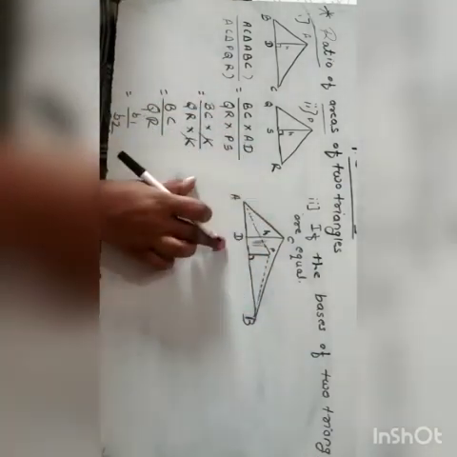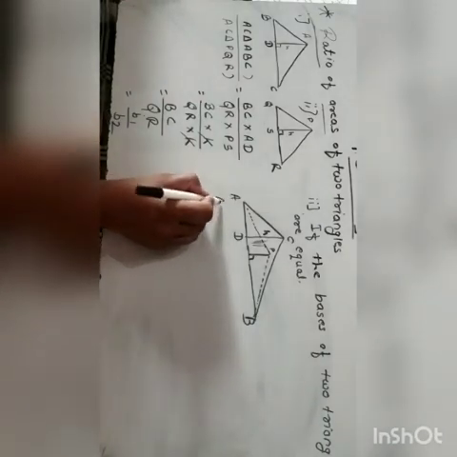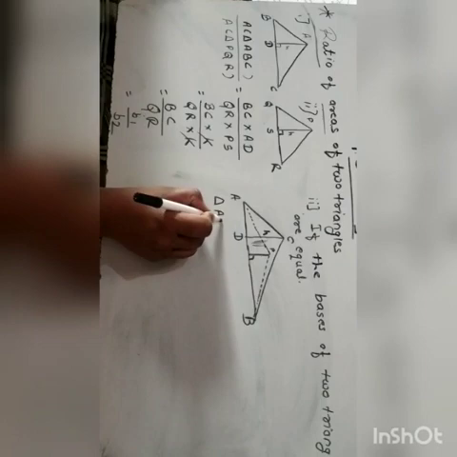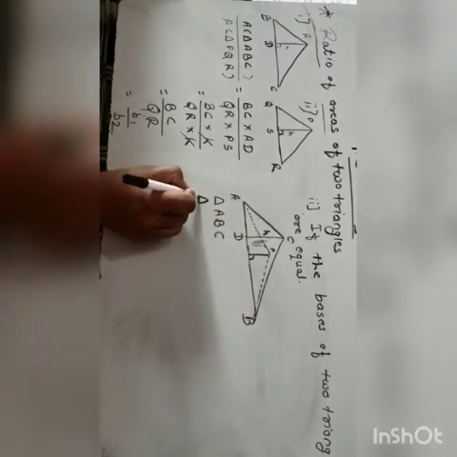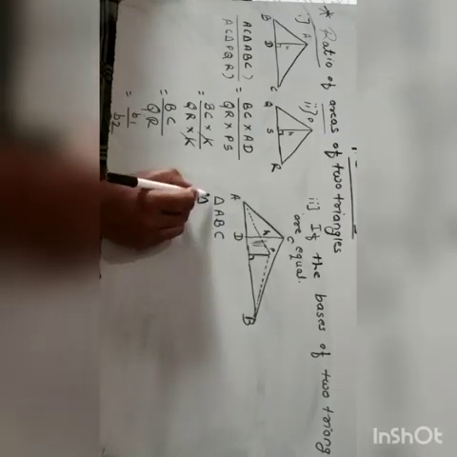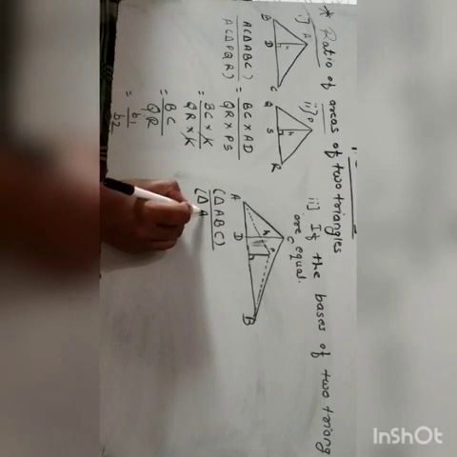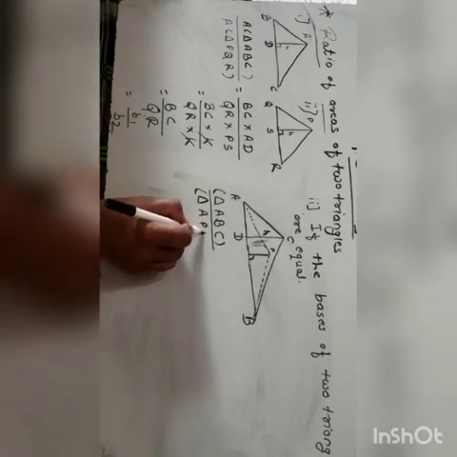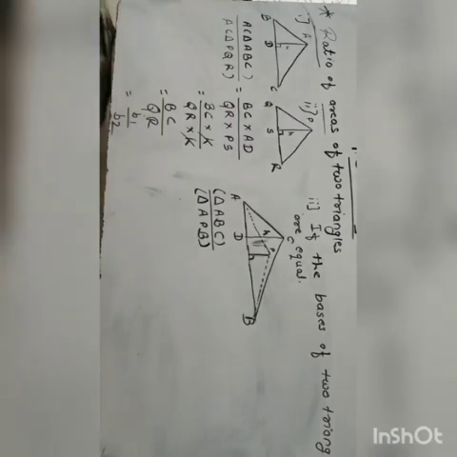Now if we see this figure, there are two triangles. The first triangle is ABC, and the other triangle is PAB.